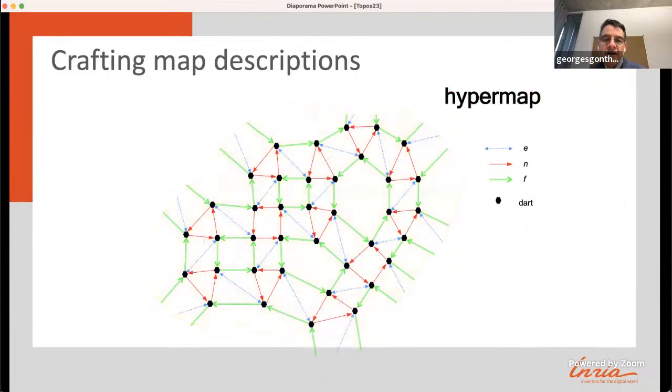And if you look closely, you can add a diagonal across every red and green square, and then you basically have a one-to-one mapping between the edges and the blue cycles, the regions and the green cycles, and the nodes and the red cycles.